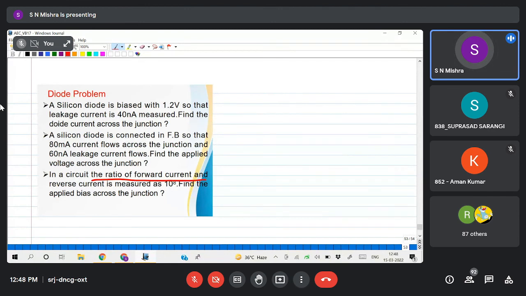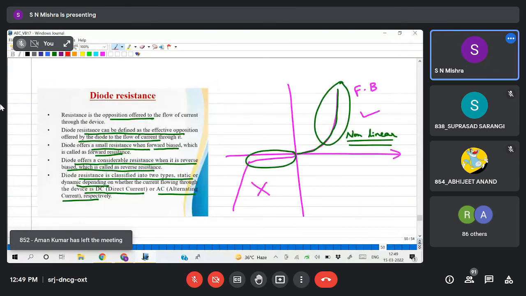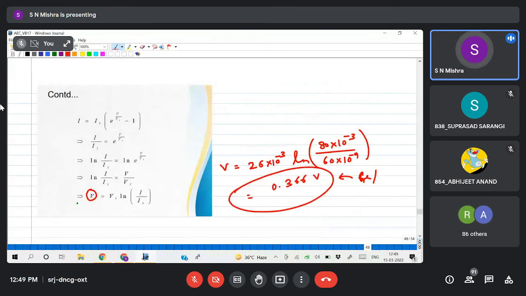Now, last question, you can find the same type of question. Ratio of forward current and reverse current is given as 10 to the power 8. So it is the same question written in different language. That means it is directly giving the ratio of diode current and leakage current as 10 to the power 8.